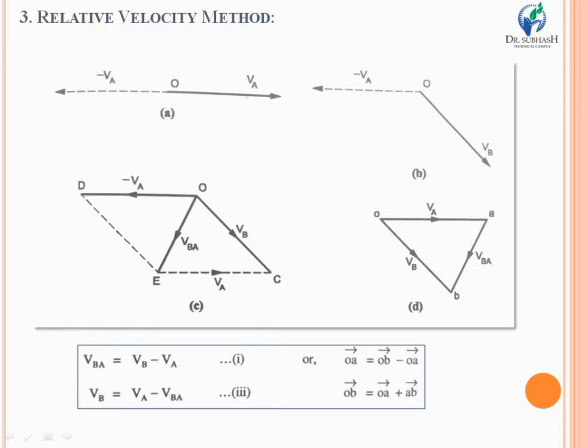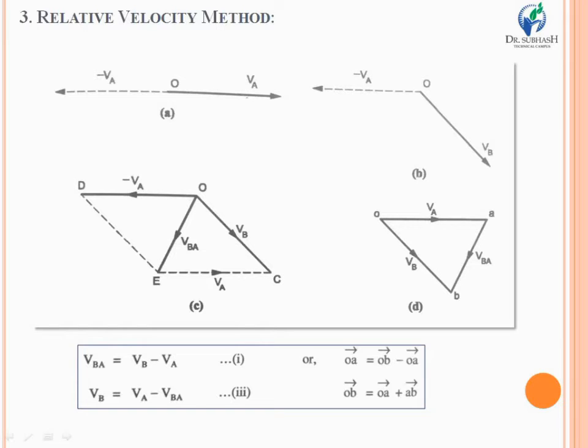Now by using this configuration diagram, you can draw the velocity diagram, called the velocity polygon, and by making use of the velocity diagram, you can find out the velocity of a link for a given mechanism. Now look at the screen. Consider a particle A that is moving with an absolute velocity VA. Now consider another particle, point B, which is also moving with an absolute velocity VB.